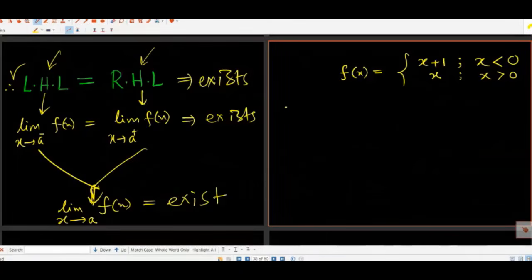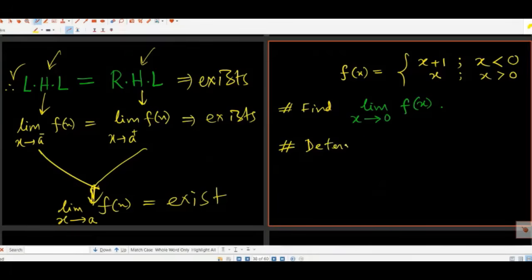So if I ask you to find the limit of f of x when x approaches 0, this is our target. The question may be written in an alternate form: determine whether the limit exists or not.